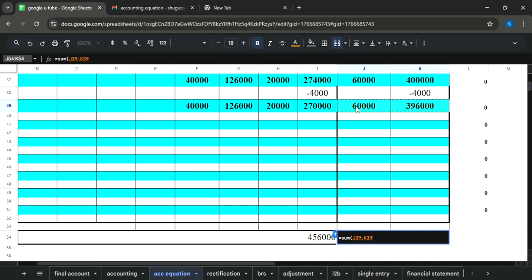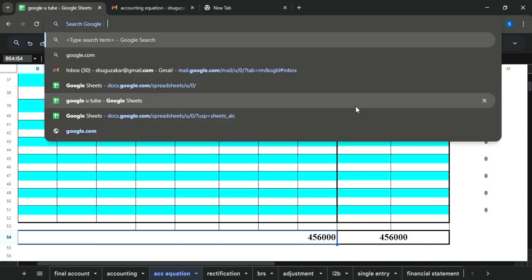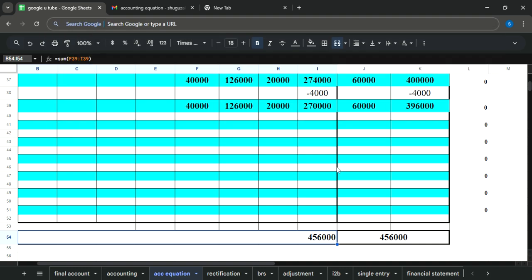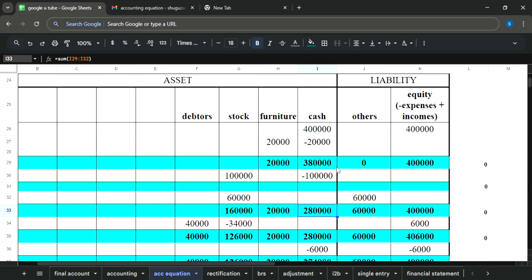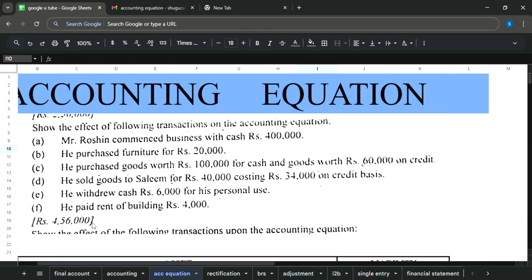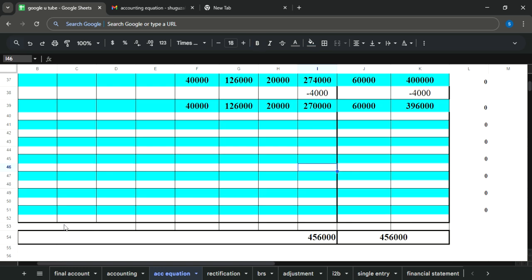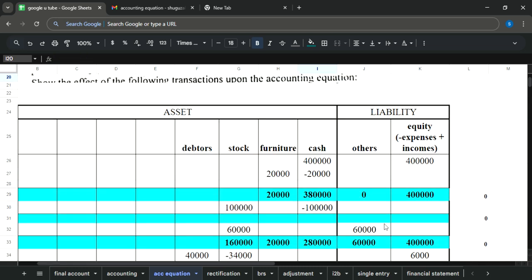So here 456 here and 456 here, both are equal, and let's see what answer is given in the book. Over here you can see 456,000 is your answer. Over here you can see 456, 456. So guys, in this way our question has been completed and you have seen all the calculation.